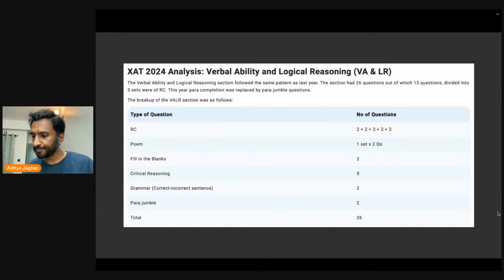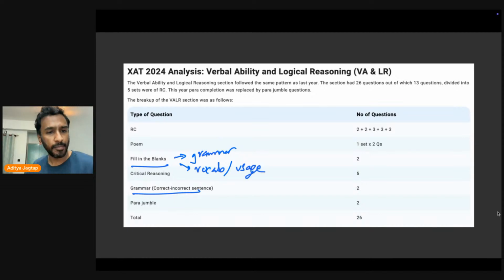The grammar and fill in the blanks. Now these are usually both grammatical, like they can be asked in a grammar way or they can be asked in a vocab or usage way, right? And grammar, if you notice, they are saying correct, incorrect sentences. This is actually the most common way of asking any grammar questions in the past several years.